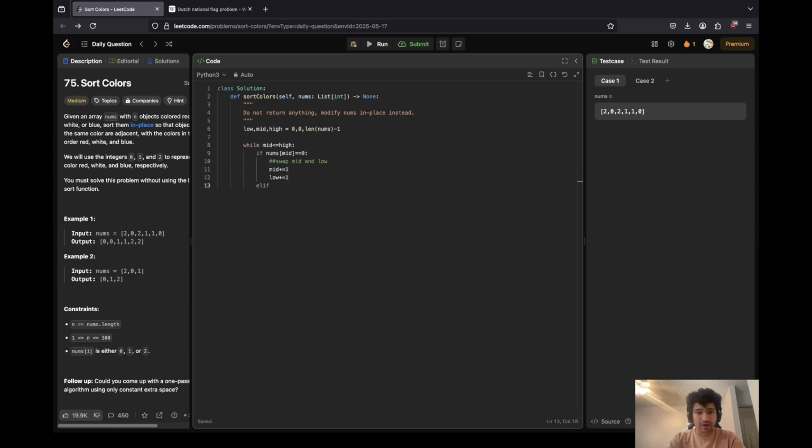Elif your nums of mid is equal to 1, mid should be incremented by 1. Else, here we will swap high and mid, right? And high should be decremented by 1.